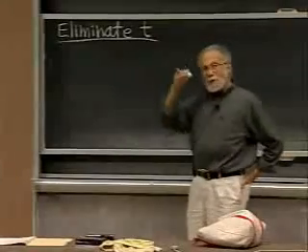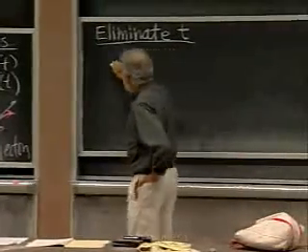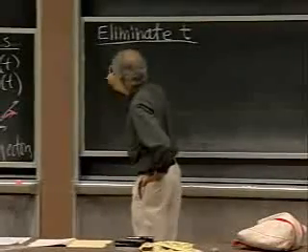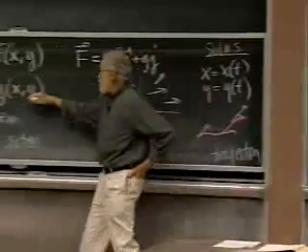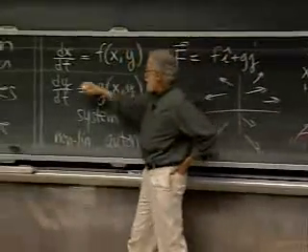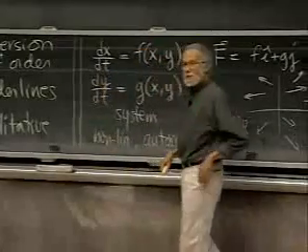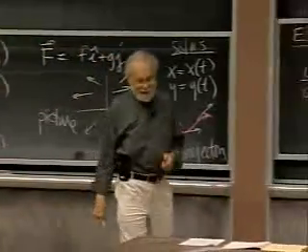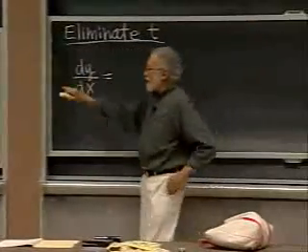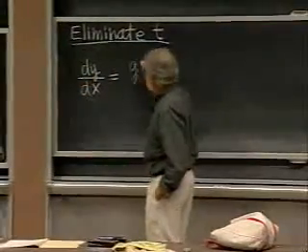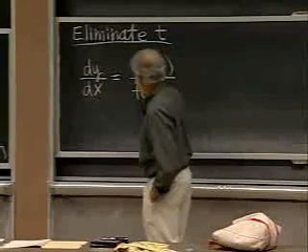Since usually we think of not dx by dy, but dy by dx, I will bow to that: what is dy over dx? Well, if I divide this equation by that equation, dy by dt divided by dx by dt, according to the chain rule, or according to common sense, you cancel the dt's, right? And you get dy over dx. And on the right-hand side, you get g of x, y divided by f of x, y.